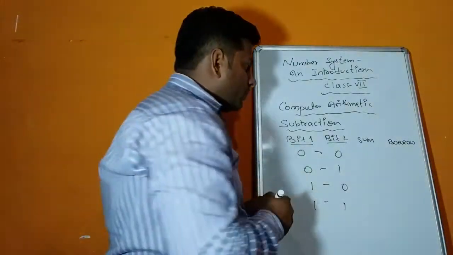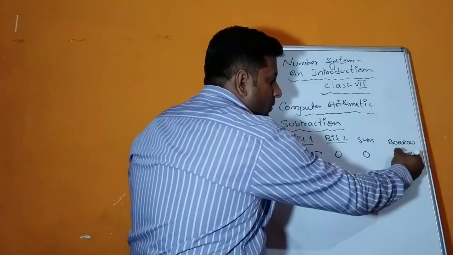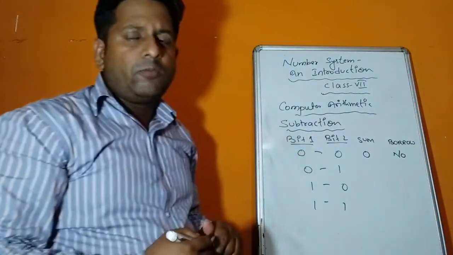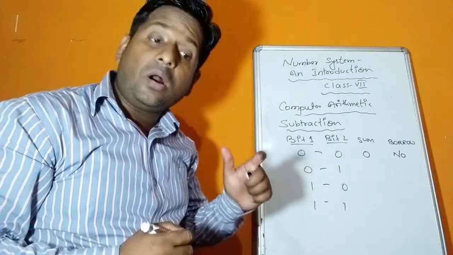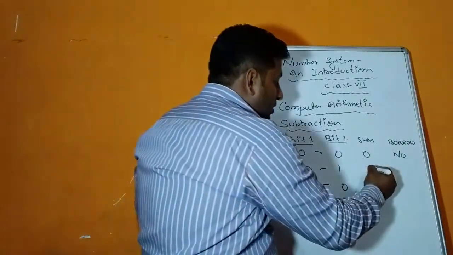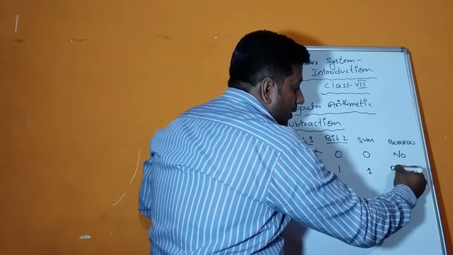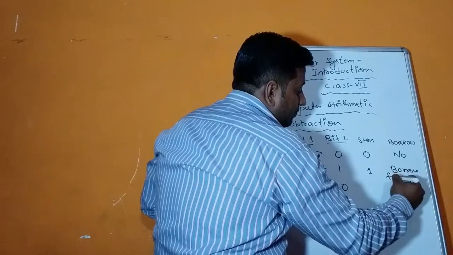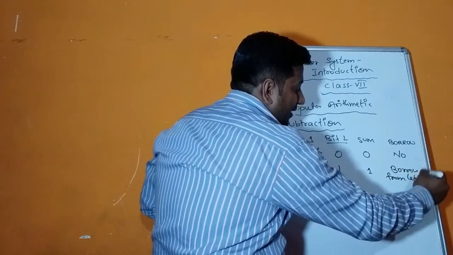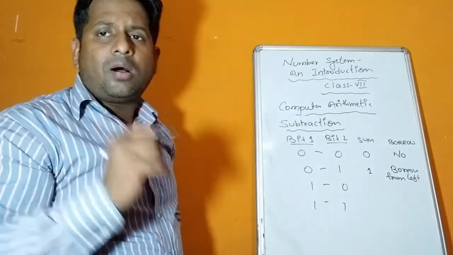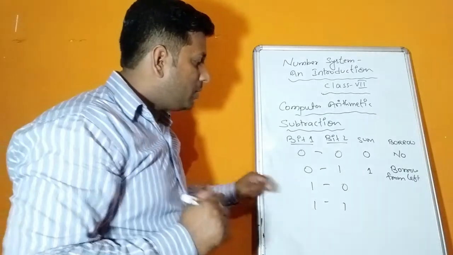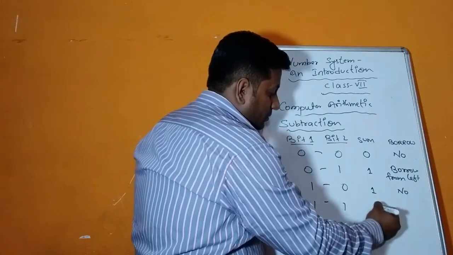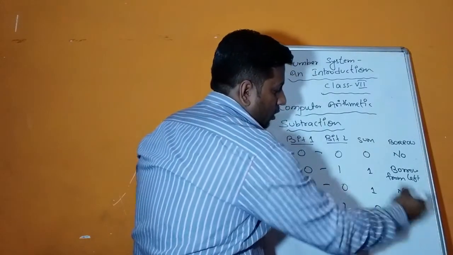So 0 minus 0, the difference is 0 and there is no borrow. When we do 0 minus 1, at that time we need a borrow. The answer is 1, but we need to borrow from the left. From the left bit we need to ask for a bit. When 1 minus 0, the answer is 1, again no borrow. 1 minus 1 is 0 with no borrow.